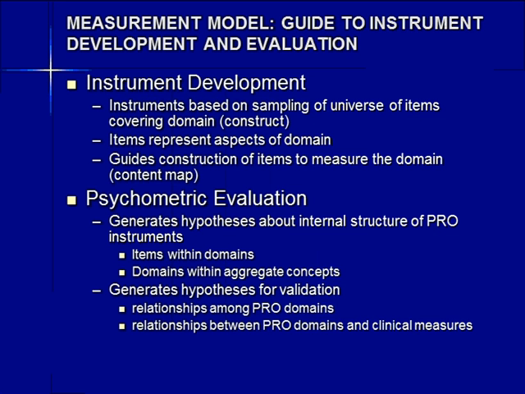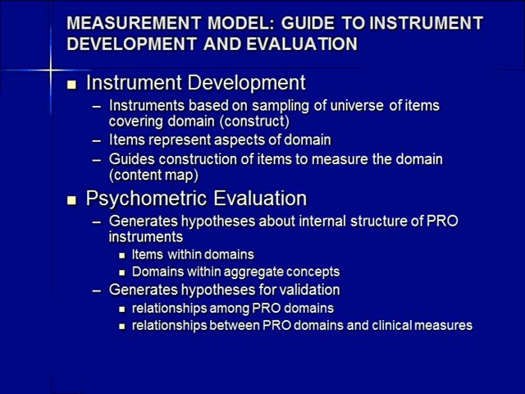Now, in terms of psychometric evaluation of instruments, we want to be able to test an instrument, a set of questions summed into a score, to generate hypotheses about the structure of those instruments. That is, in those examples I showed, those 6 items should correlate with one another sufficiently to be summed into a score, and also that they predict differences in groups that you would expect them to predict based upon the content that's being discussed, whether it's ascites or abdominal discomfort or something else.